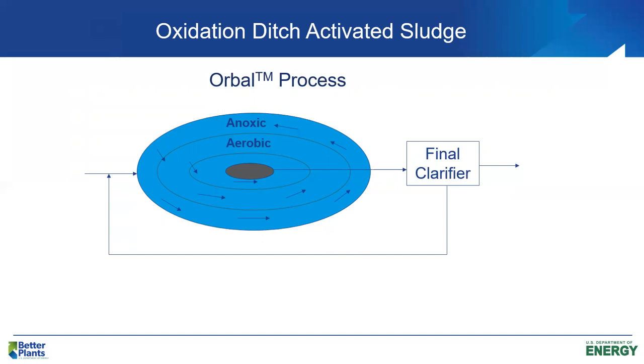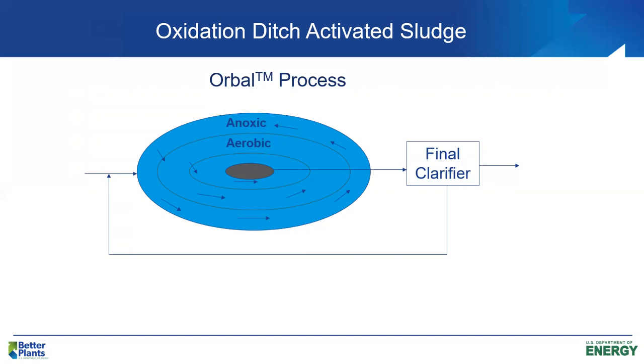The heterotrophic bacteria can actually use nitrate as their electron acceptor and convert the nitrate to nitrogen gas. And so we're getting conversion of ammonia to nitrate by the nitrifying bacteria, and then our facultative heterotrophic bacteria will convert the nitrate to nitrogen gas. So both reactions can occur in that outer zone where we keep the DO fairly low.